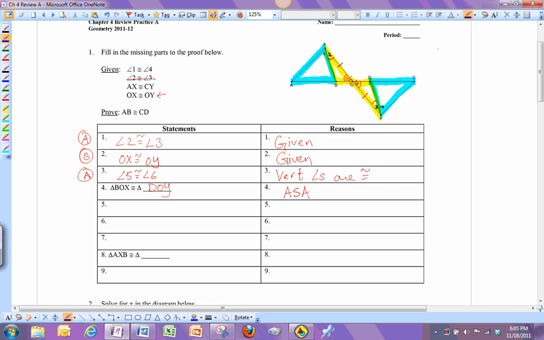So if we look at AXB and CYD, let's write that in. Okay, we need to match up sides and angles of those in order to get like SSS or ASA or one of those. Not ASS, that one doesn't work. So let's take a look.